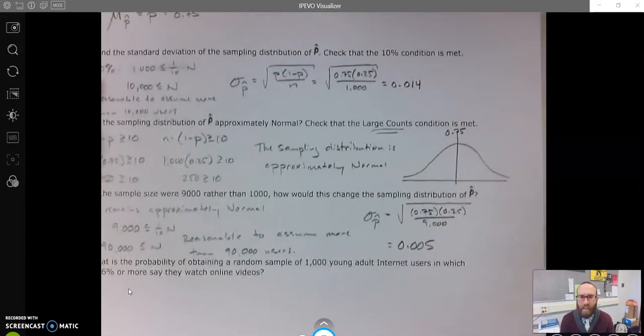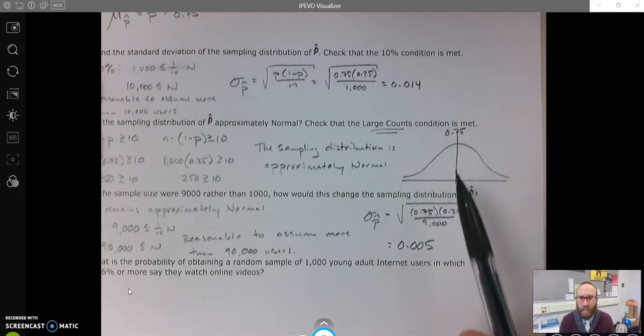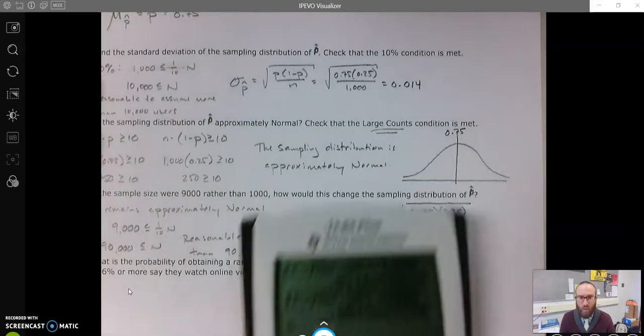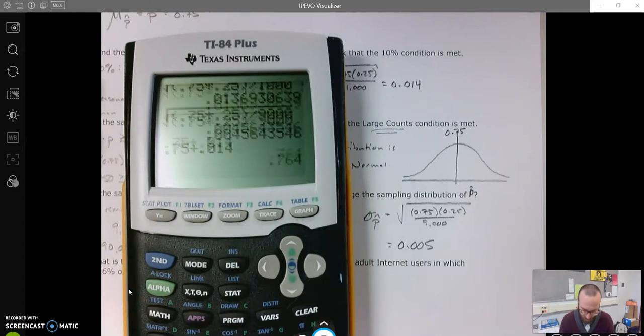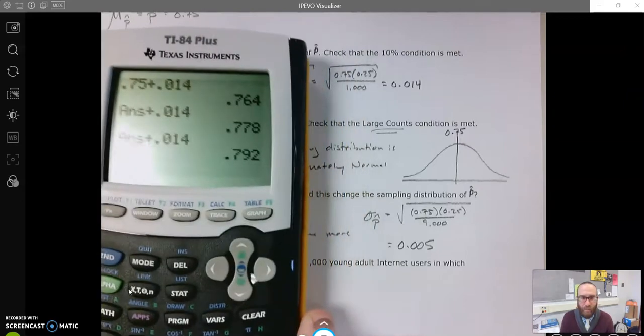Now I want to think back to our normal curve as we talked about earlier in the year. This is our mean. Our standard deviation moves out. So if I do, looking at making these numbers larger, 0.75 plus 0.014, that's 76.4. And then 77.8, and then 79.2.